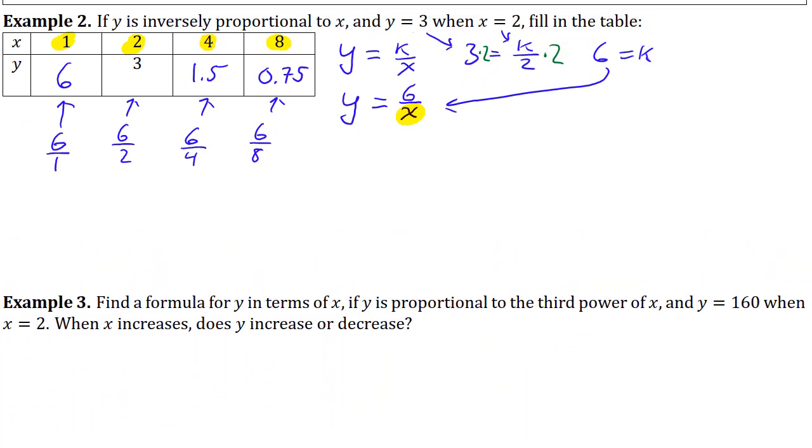So we want to find a formula for y in terms of x if y is proportional to the third power of x, and y equals 160 when x equals 2. Okay, so if we're saying y is proportional to the third power of x, it doesn't say inversely proportional. Remember that if it just says proportional, that means directly proportional.